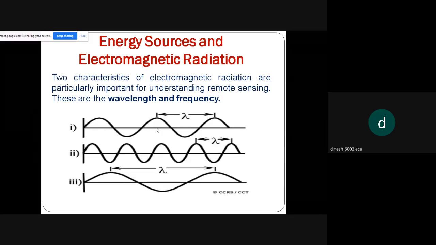Then we have wavelength. Wavelength is this. You can see that there are three different waves being drawn. First one, second one, third one.